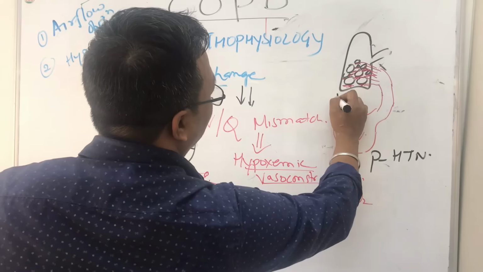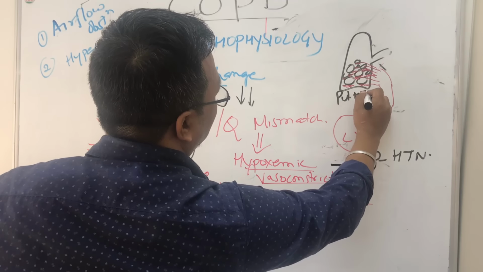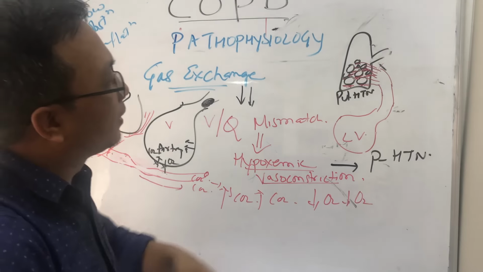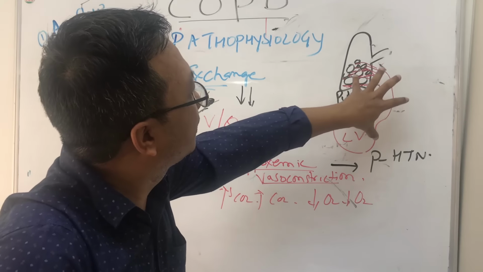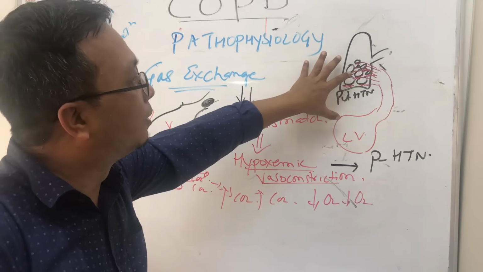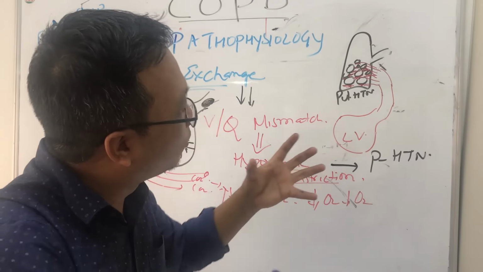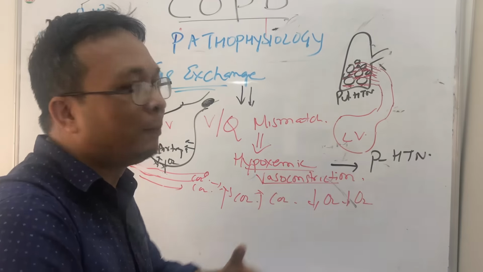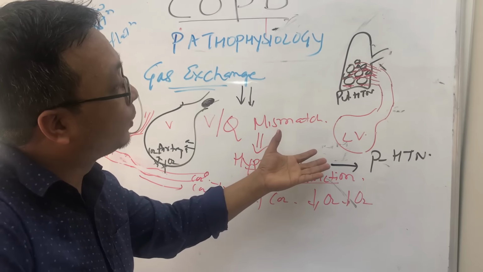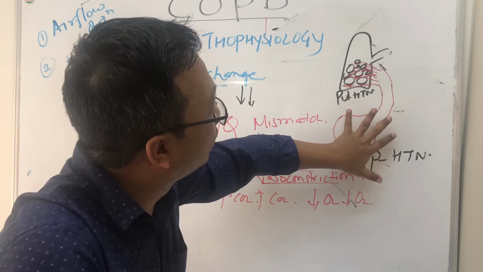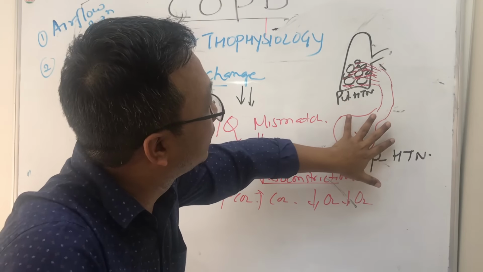So here there is pulmonary hypertension. Now the left ventricle will have to pump against an increased resistance that is developing in the lung. So the left ventricle has to do a lot of workload now. The workload in the left ventricle has increased. Before COPD, the whole thing is going normally, so the left ventricle does not need to put in any extra effort.